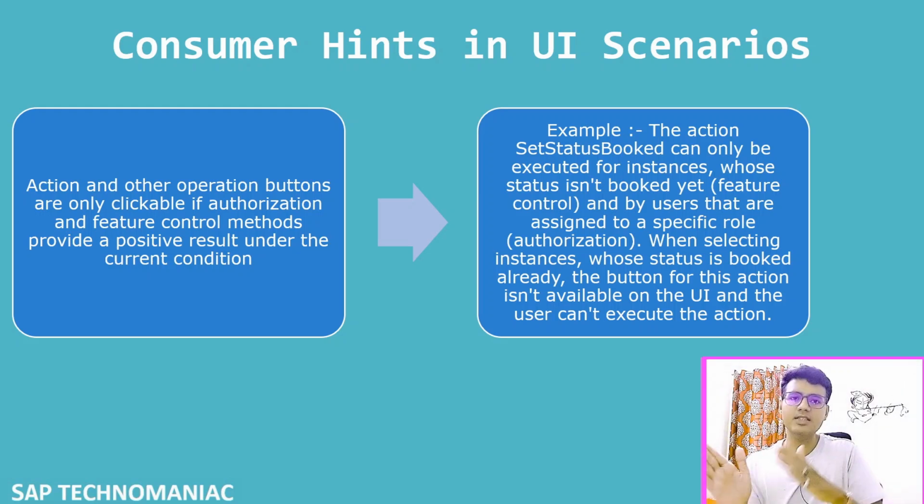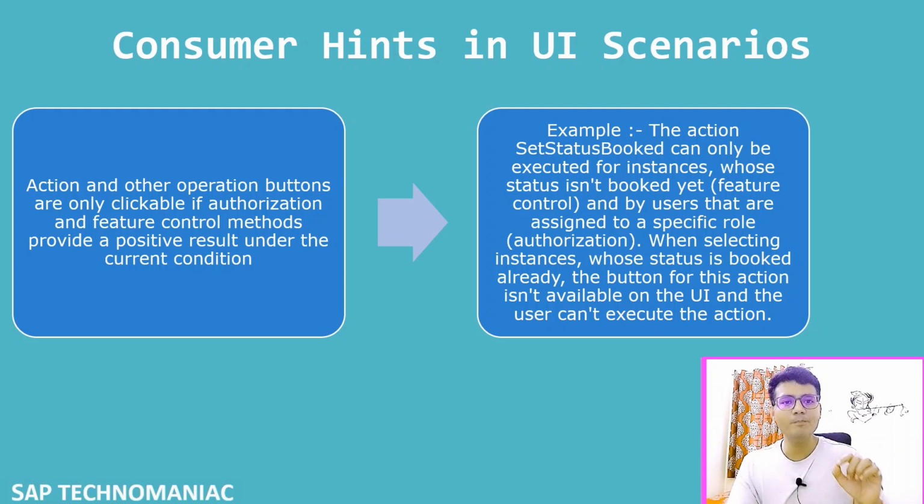We have seen this in my previous videos. If you are using create, update, but some user is not having that access, then before the rendering of those buttons, the authorization will also be checked. Once the authorization is checked, if you don't have authorization to perform those operations, those buttons will also disappear from your UI. That is a very important thing.